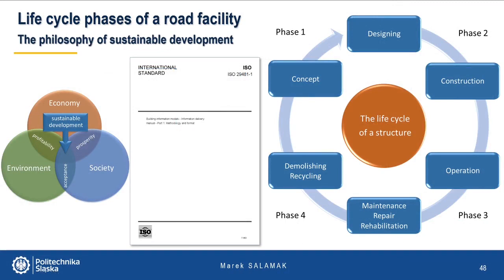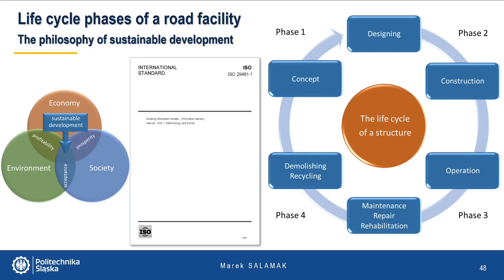The phases of the life cycle of a construction object, whether it be a building, a highway, a bridge, or a tunnel, follow the philosophy of sustainability and are described in the ISO standard 29481.